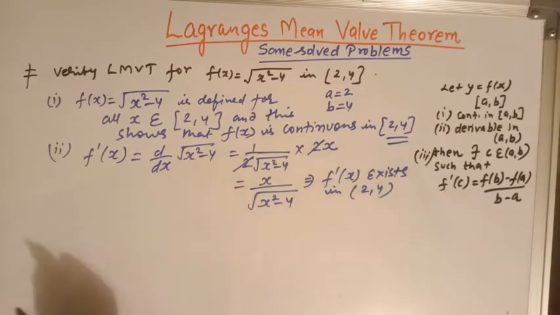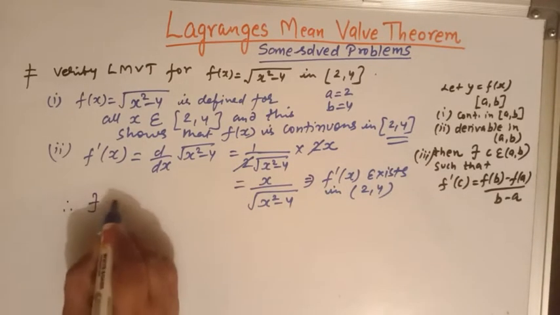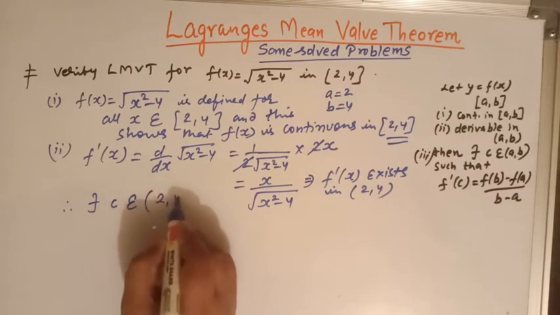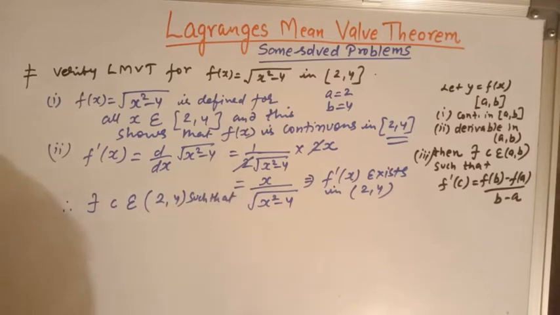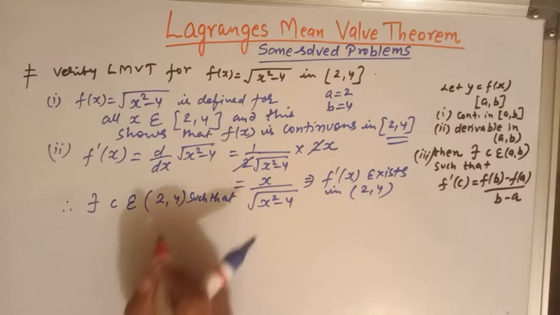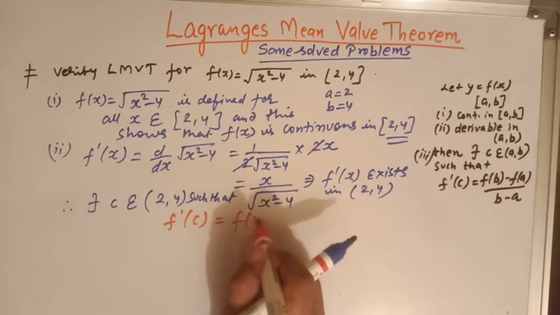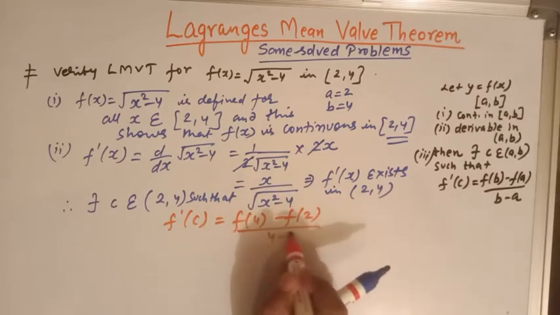Clear? Now Lagrange's mean value theorem says that if the function is continuous and differentiable, then there exists a c belonging to (2, 4) such that f prime of c is equal to (f(4) minus f(2)) divided by (4 minus 2).